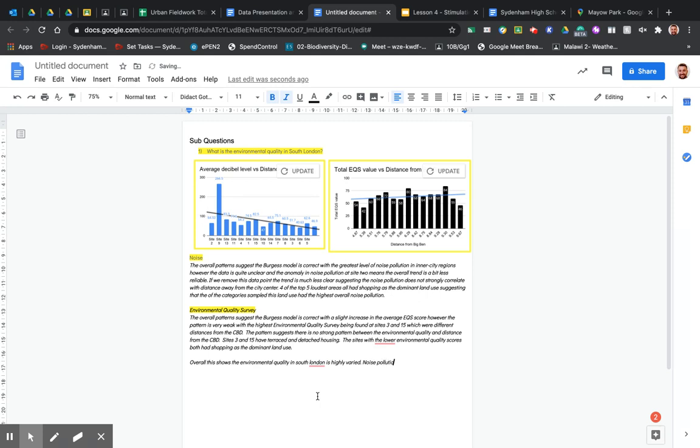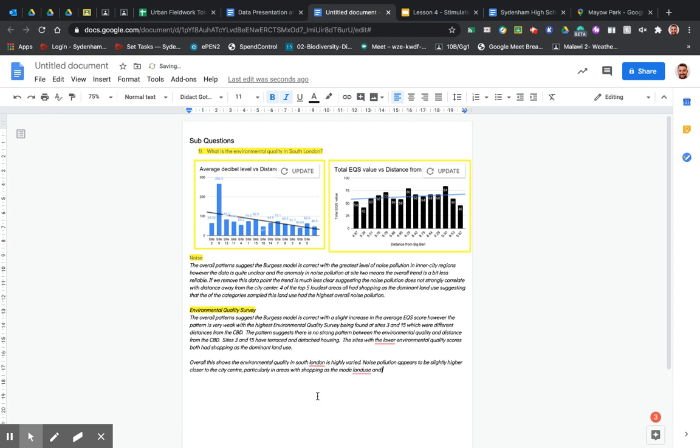Noise pollution, and I'm just going to summarize what I've written above. Noise pollution appears to be slightly higher in areas closer to the city centre, particularly in areas with shopping as the mode land use.